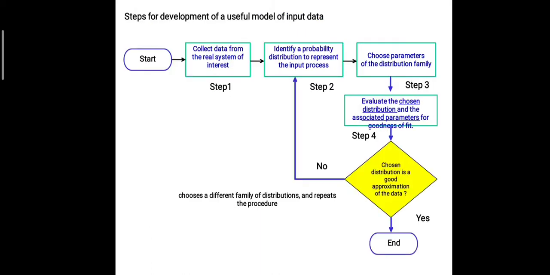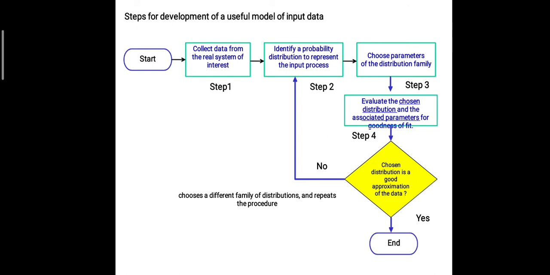So let us summarize the steps of development of a useful input model of data. First step, we will collect data from the real world system. Second step, identify the probability distribution to represent the input process. In the third step, we will choose an appropriate parameter estimator of a family of a distribution.